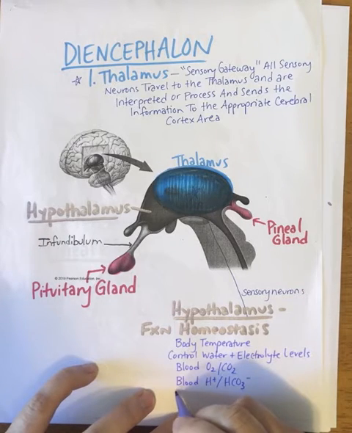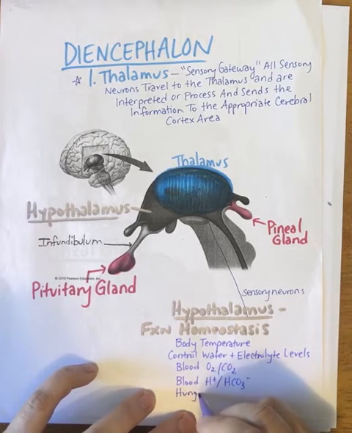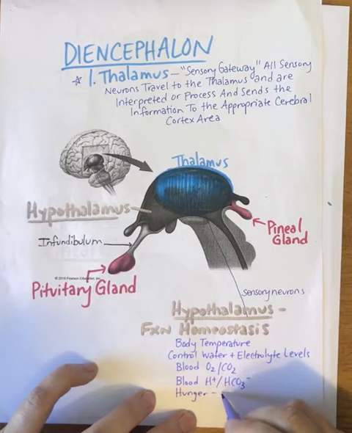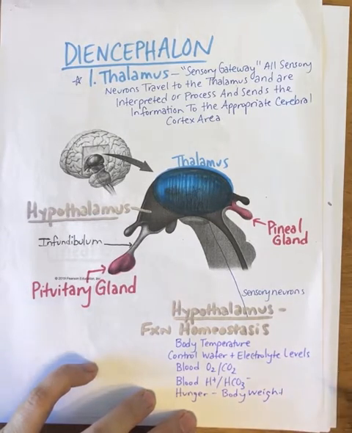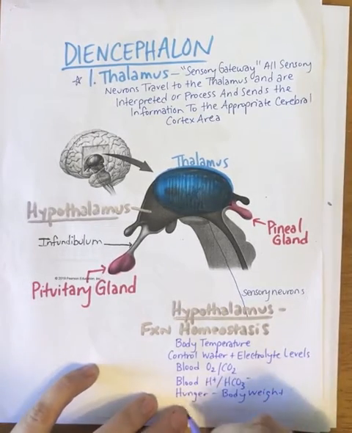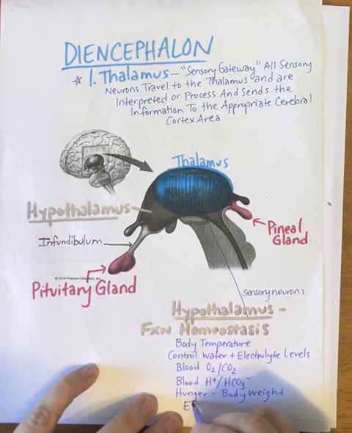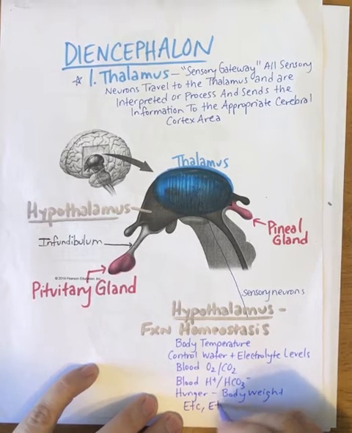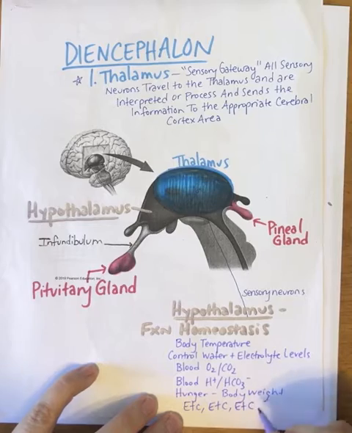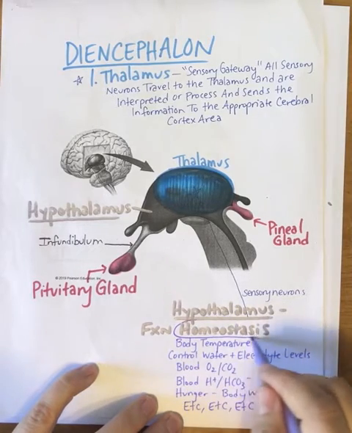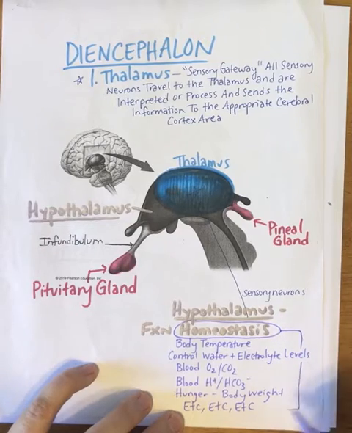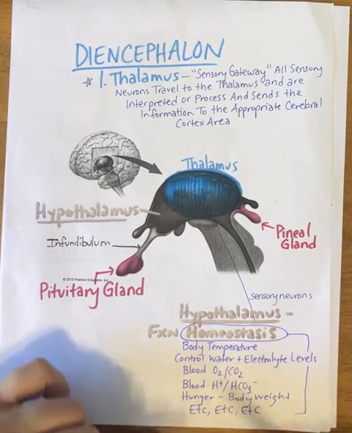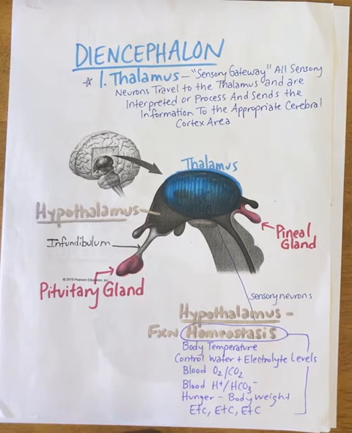It's going to control hunger and your body weight. We actually, in our brain, have a certain body weight that our brain thinks is the perfect weight for us. But there's so many to name. So, etc., etc., etc. Homeostasis. When we say homeostasis, this is going to control so many different things. Lots of homeostasis things.